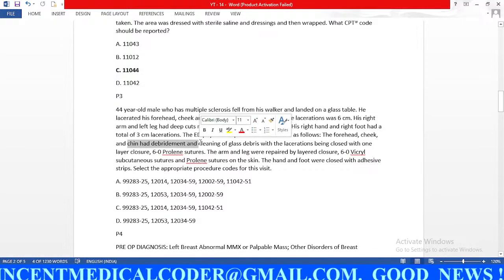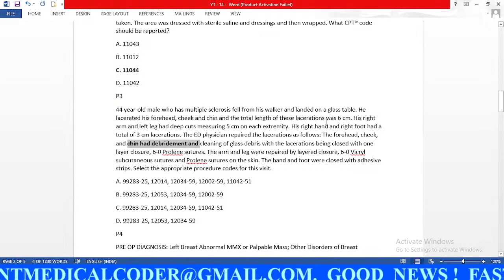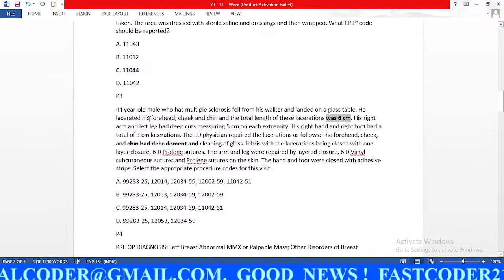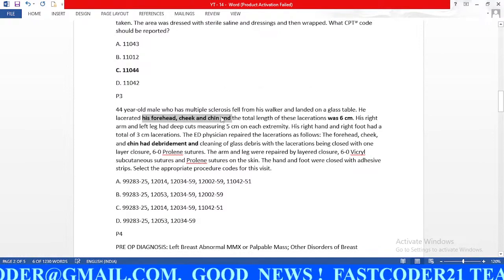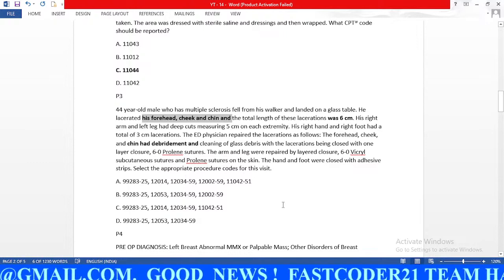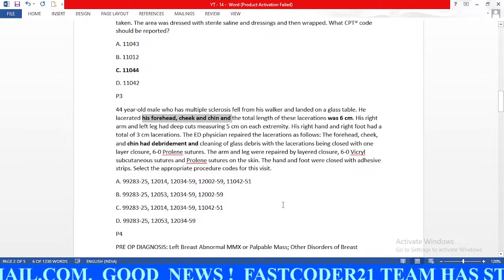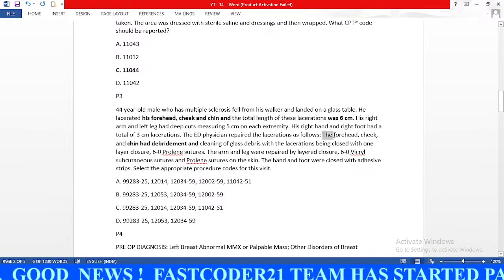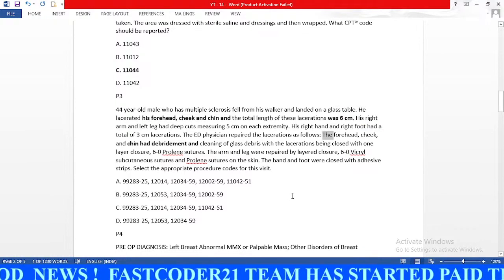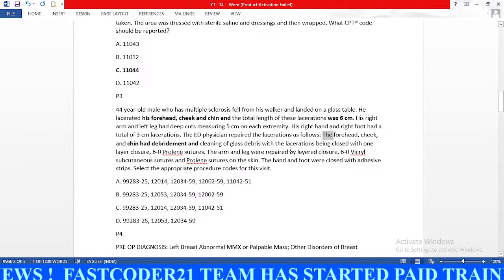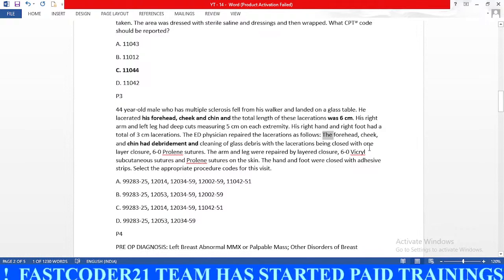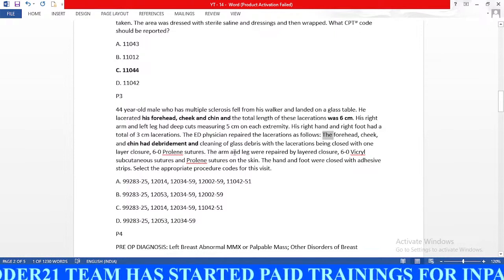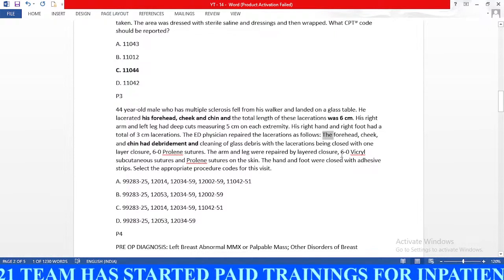Here debridement is performed, and these are the centimeters, and these are the locations. So these are keywords while performing laceration repairs. The forehead, cheek, and chin hair debridement and cleaning up glass debris: the lacerations are being closed with one layer closure, 6-0 Prolene sutures. The arm and leg were repaired by layered closure.